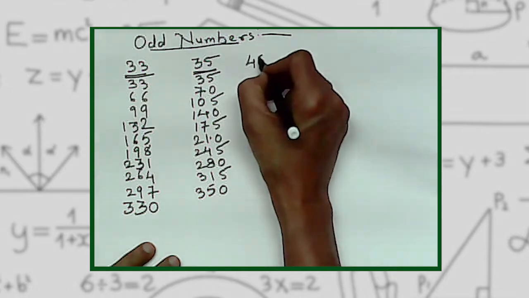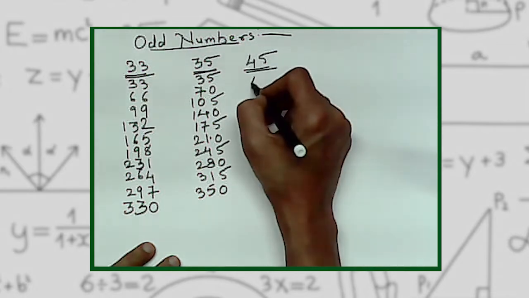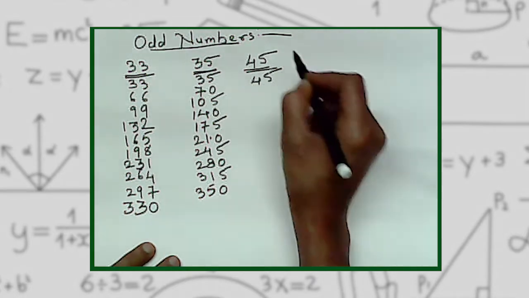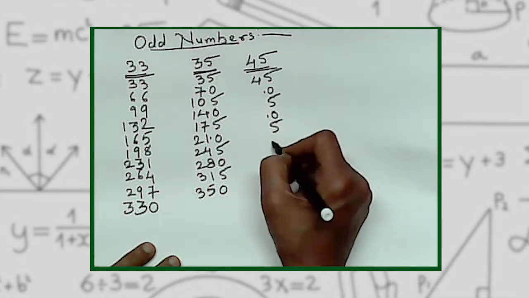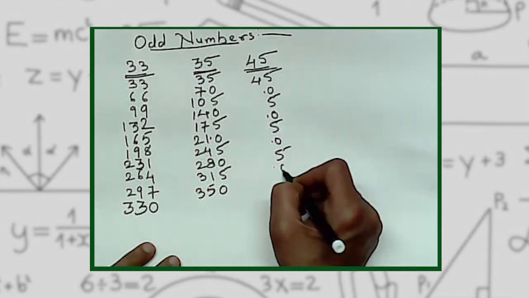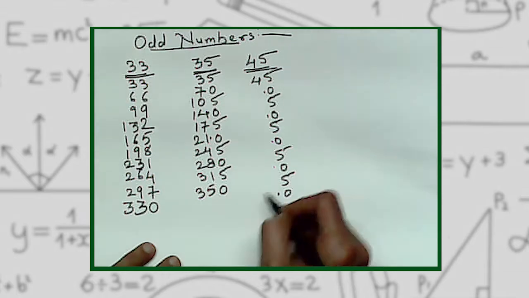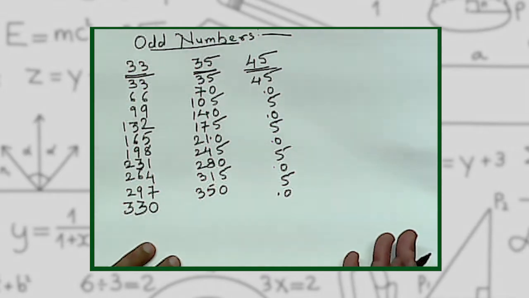Okay, we will see the table of 45. Go on writing .05, .05, .05, .05 and .0. We have finished our right hand side.